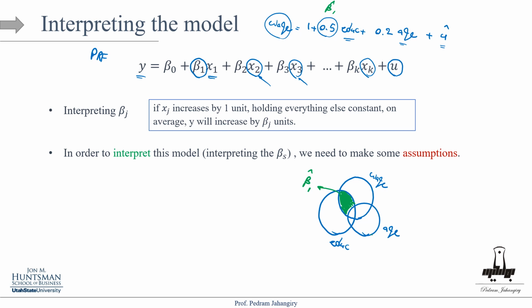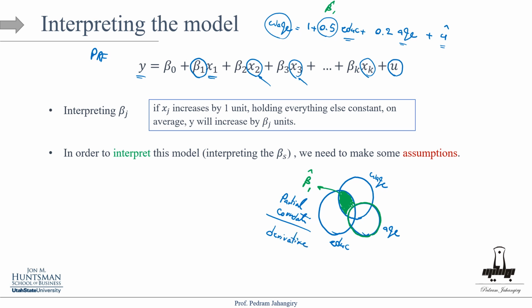I'm going to hold this entire thing constant, and then I'm going to say this is the net effect. This green shaded area is the net effect of education on wage, net of age. Holding everything else constant means that. This is also what we can call partial correlation. So in a multiple regression model, we're looking into the partial correlation, and this is nothing but simple derivation, a simple derivative.